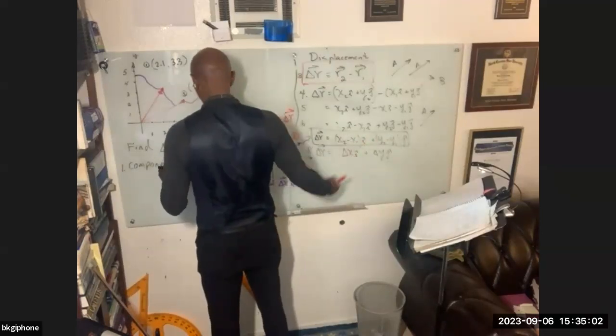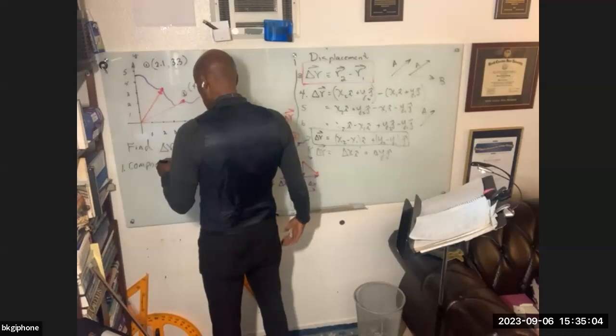It's going to be a vector R with its R x and R y components. Component representation.